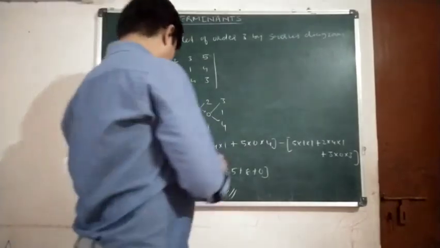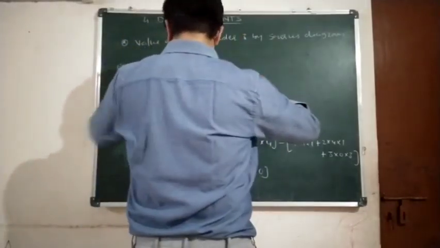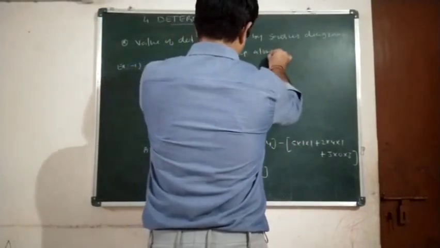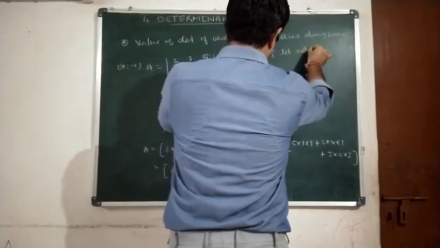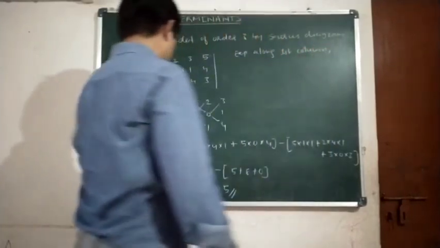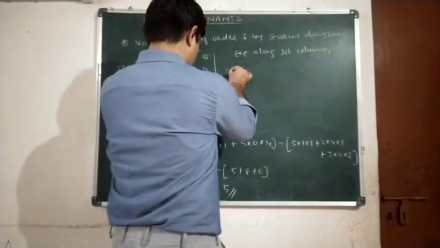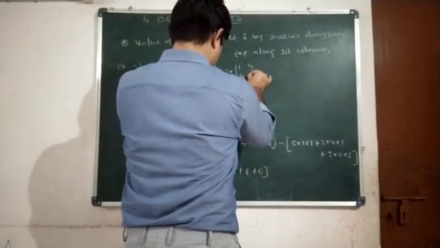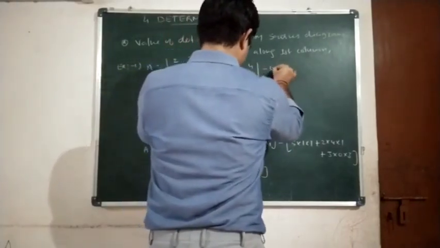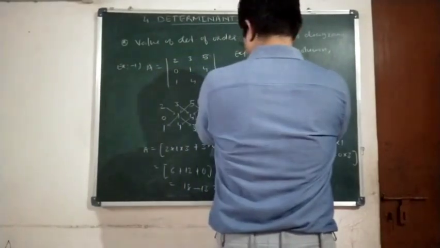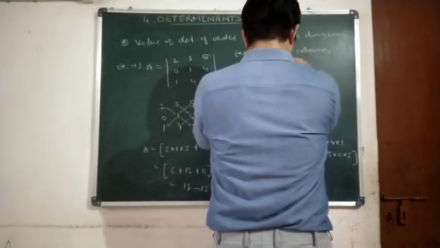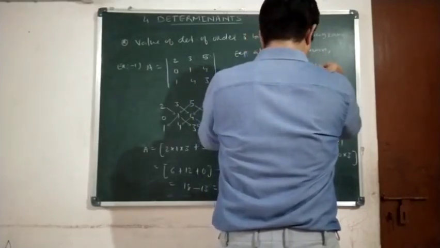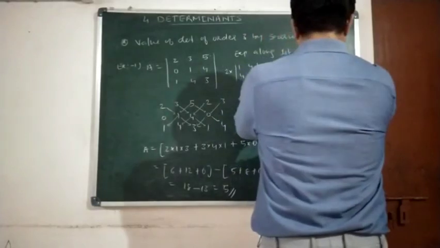Clear? So now expanding along the first column. So 2 into the determinant 1 4, 4 3, minus 0 into the determinant 3 5, 4 3, plus 1 into the determinant 3 5, 1 4.